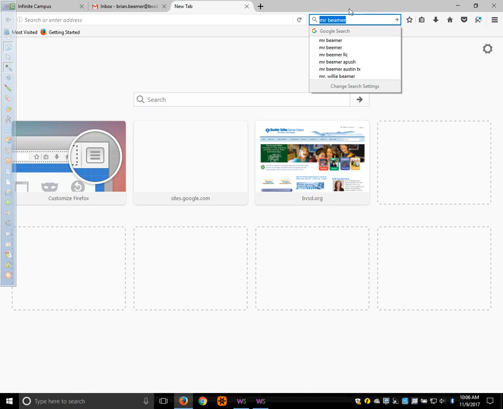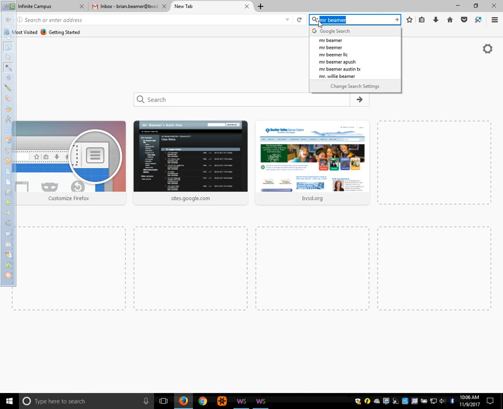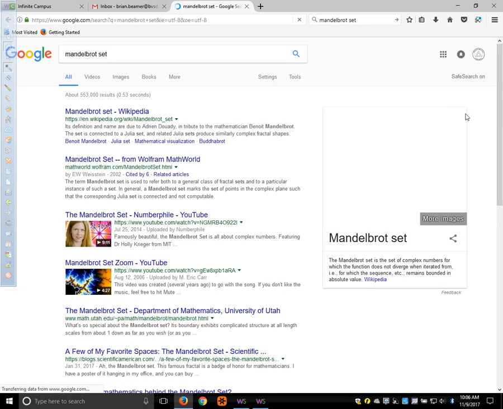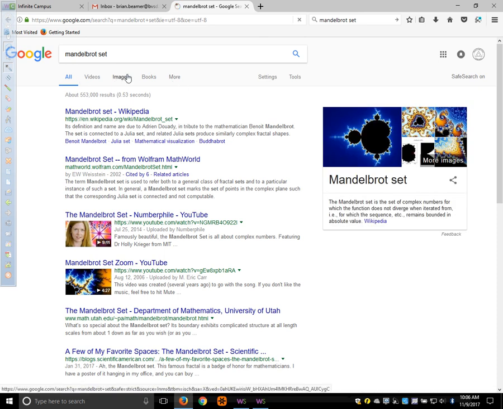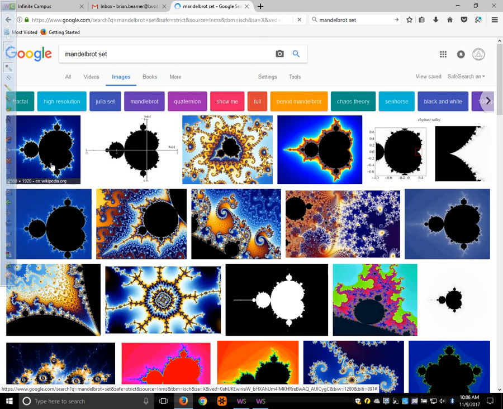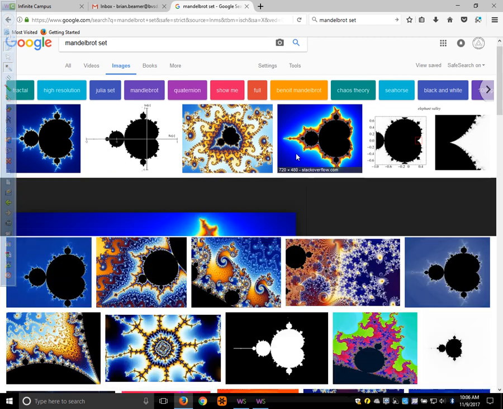So this kind of relates to what we're talking about today. You've probably seen a picture of this before. It's called the Mandelbrot Set.